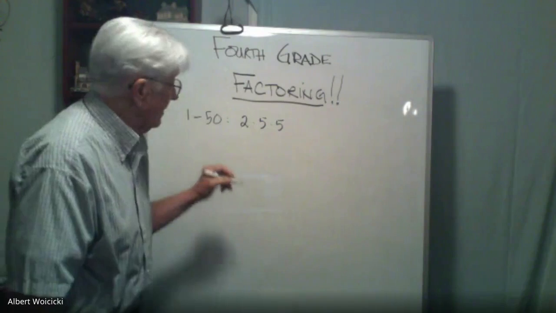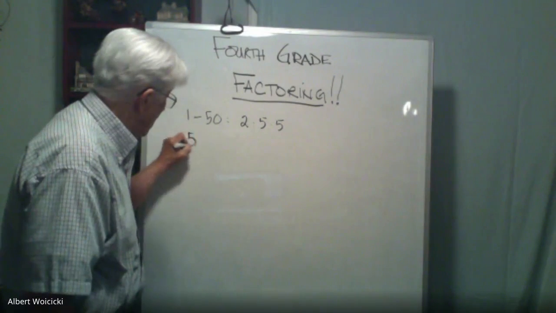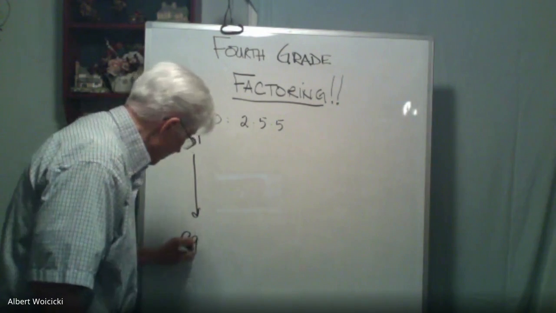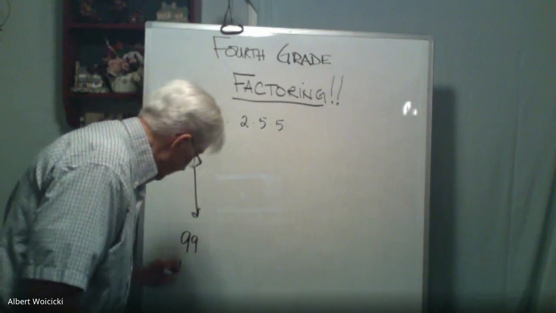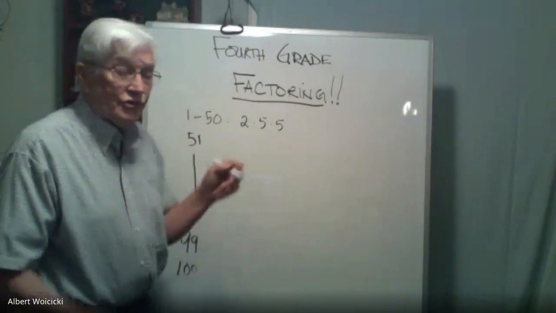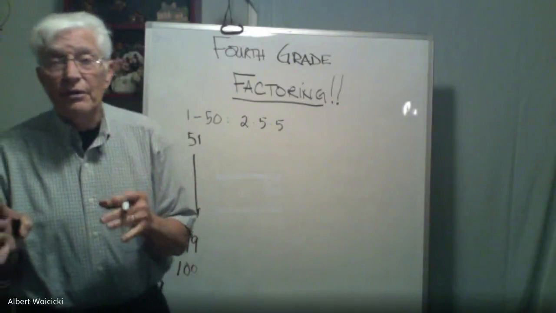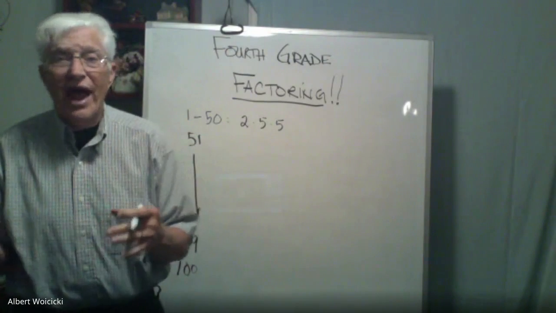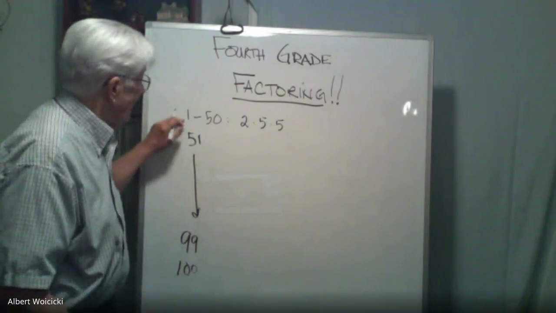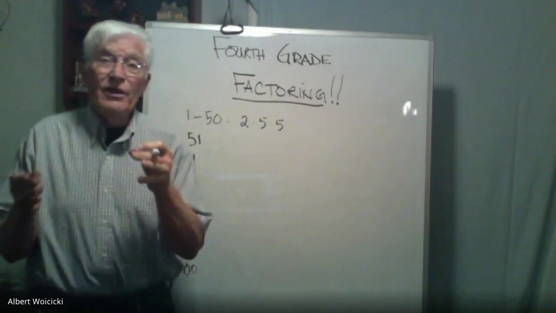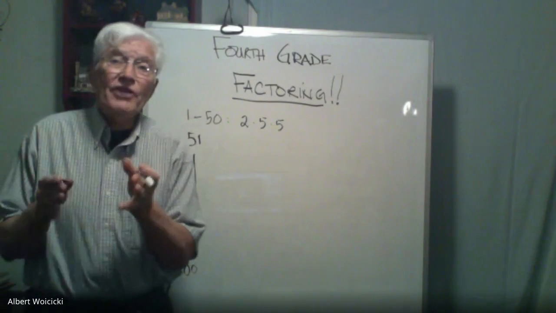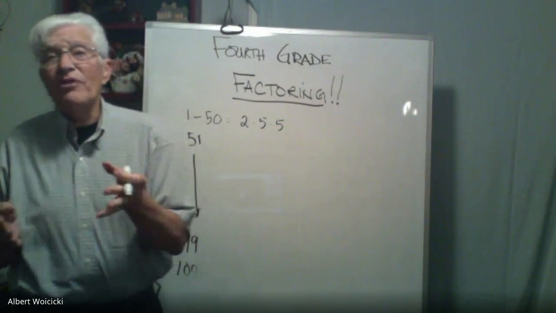We look at 51 down through 99. And you might even, why not, let's do 100 while we're here. So your students, I think, to start with, before we even talk about adding fractions, remind them that they need to have the numbers 1 through 50 and their factoring done on those numbers as part of their portfolio, part of what they have with them.